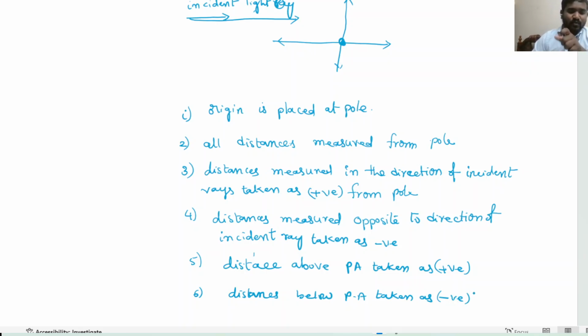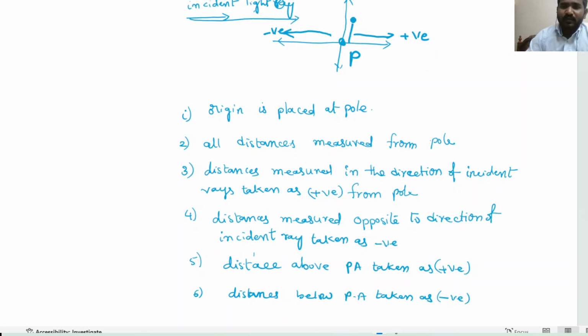All six rules we need to represent in a single diagram. See here, in this direction the light rays will be incident, and the origin is P, the pole. From the pole, the direction of incident light rays is taken as positive, and the opposite direction is taken as negative.